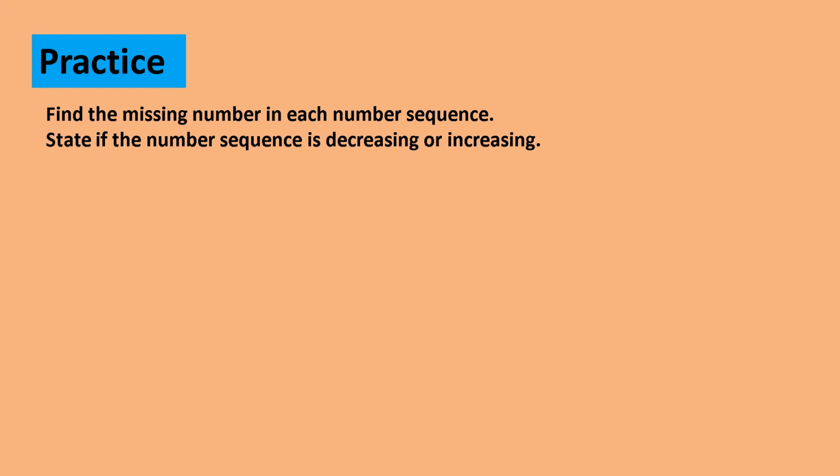Okay, now let us do together this last exercise. Okay, look at the numbers. So what is the sequence? The first number is 570 and then the next one is 580.